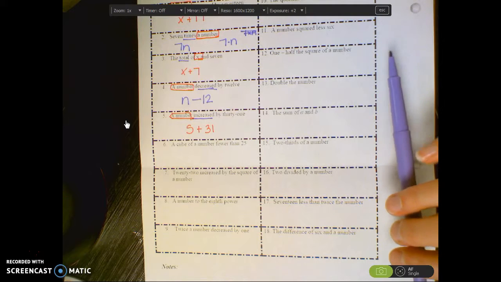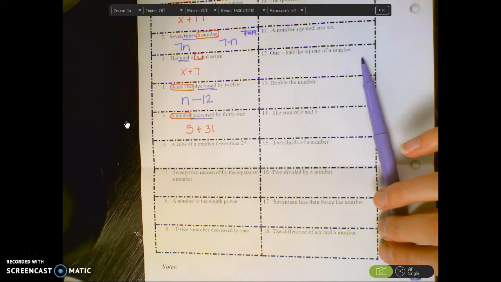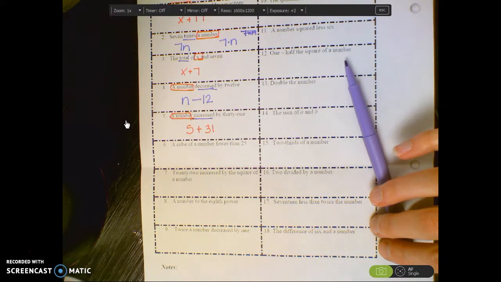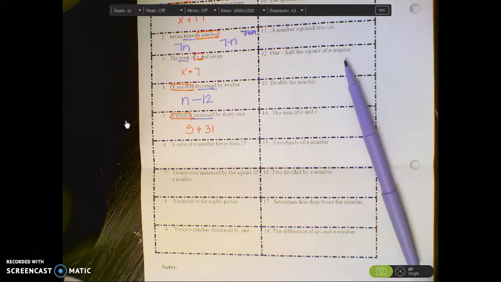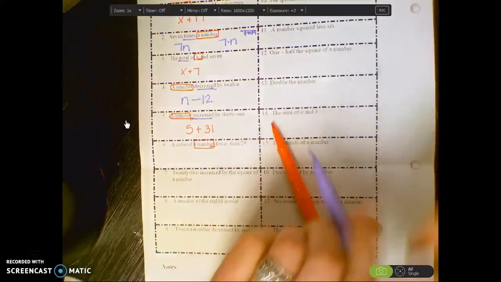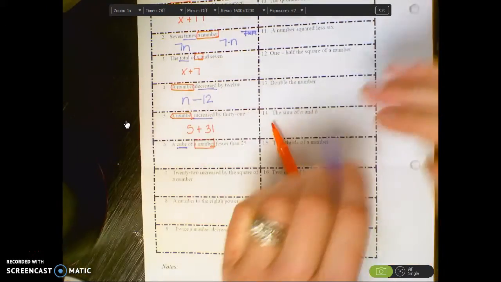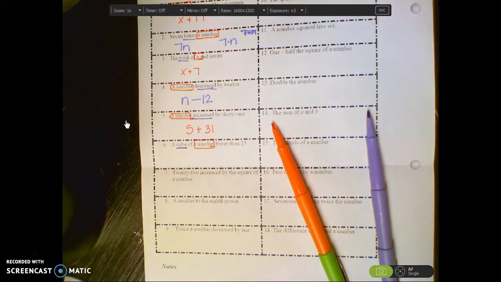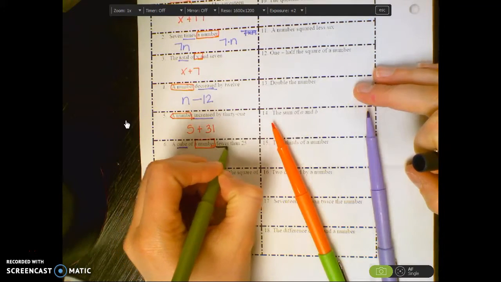Number 6, a cube of a number fewer than 25. So I have a lot of things going on in this. I'm going to go ahead and unnumber: a cube of a number, and then you probably heard one more word in there, and that's where I'm going to pull out my third, and that's fewer than.